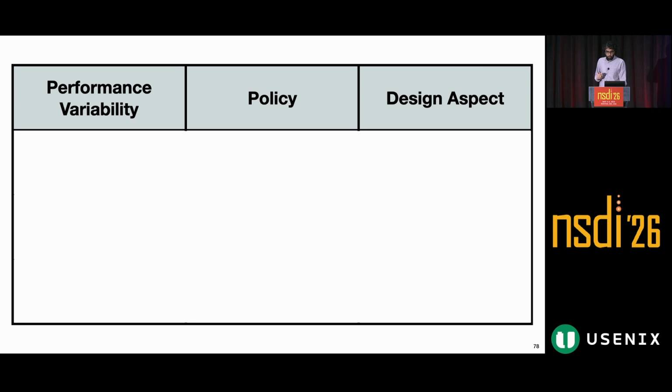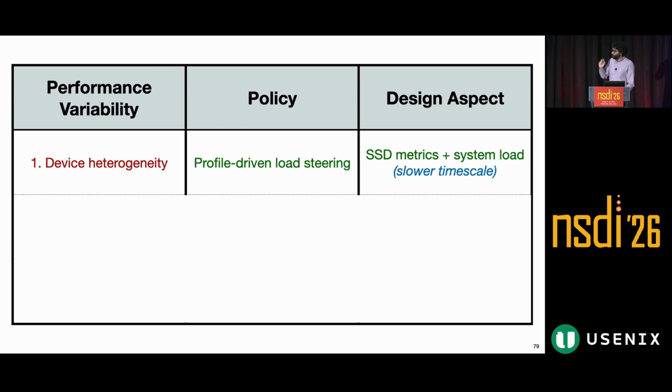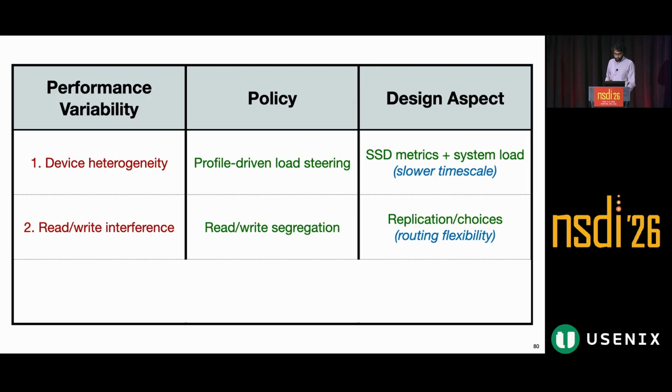So you have performance variability that we saw, the first one being device heterogeneity. And in order to address that, we have profile-driven load steering, which says, don't treat all your SSDs the same, consider their profiles, and steer load according to that. And the design aspect that allows us to do that is that we have SSD metrics and system load at all times.